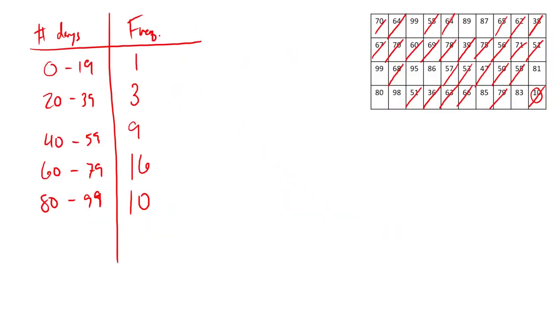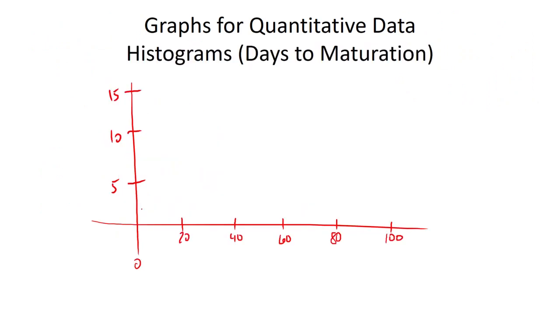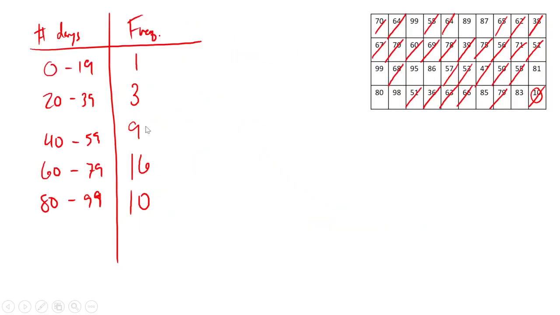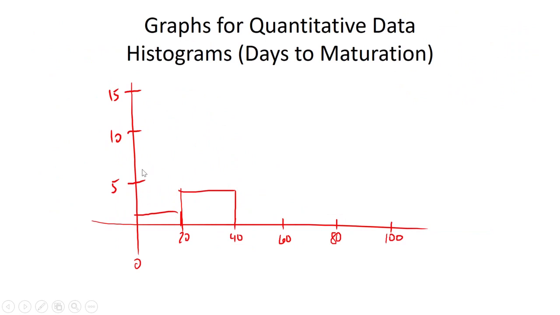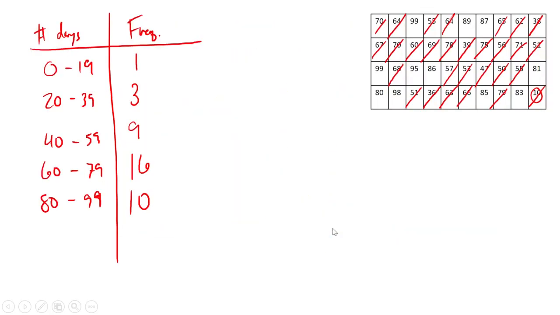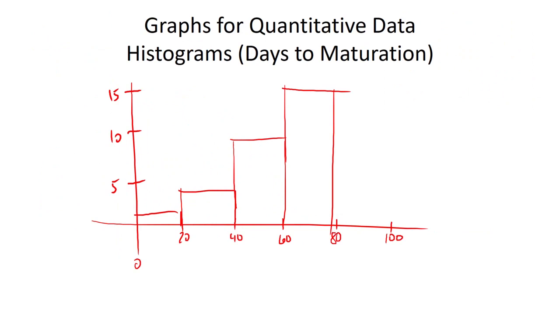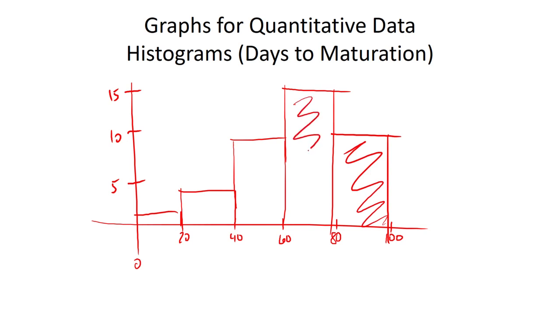There's one person in this first category, and then didn't it jump up to 3? Yeah, 3 there. Then there was 9 investments, so the next bar jumped up to 9. And then we jumped all the way up to 16. And then the last one was 10 days in that last category. So that'd be about right here, right? Something like that. Yeah.